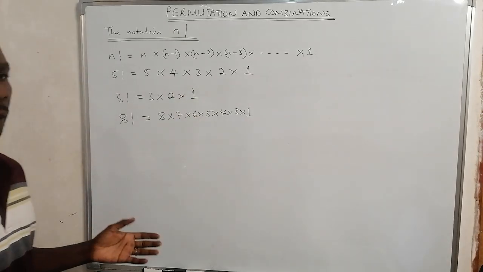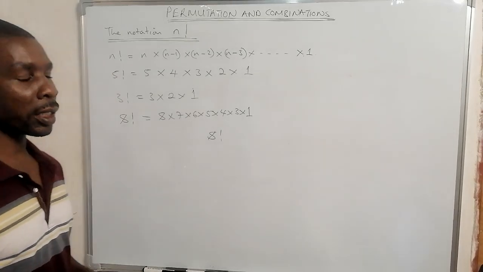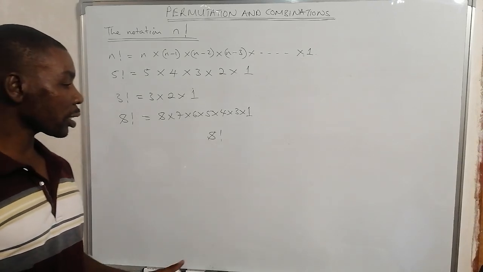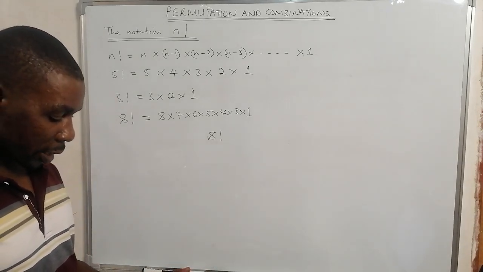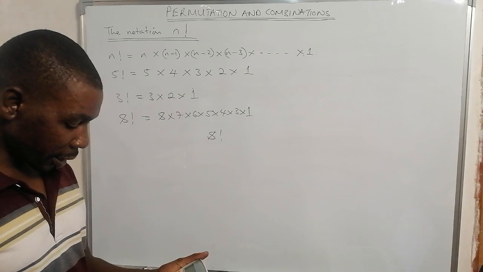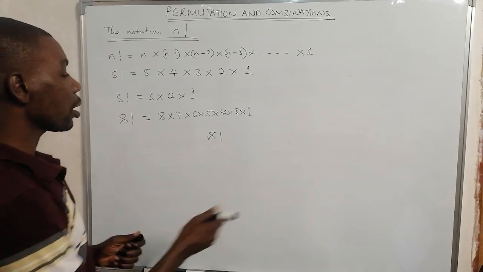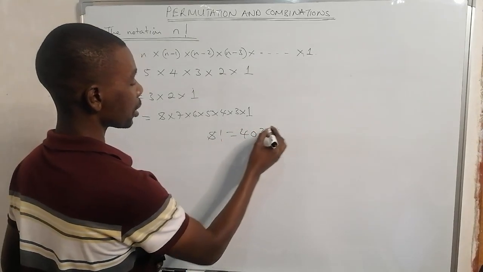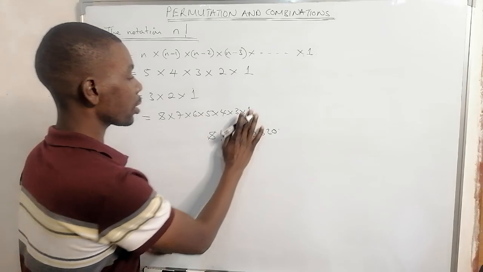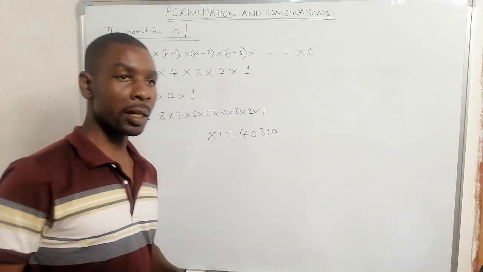We can also use our scientific calculator: punch 8, then the second function and the factorial key, and it will give you your answer directly, which is 40,320. This is the same as multiplying 8 by 7 by 6 by 5 by 4 by 3 by 2 by 1. So this is all about n factorial.